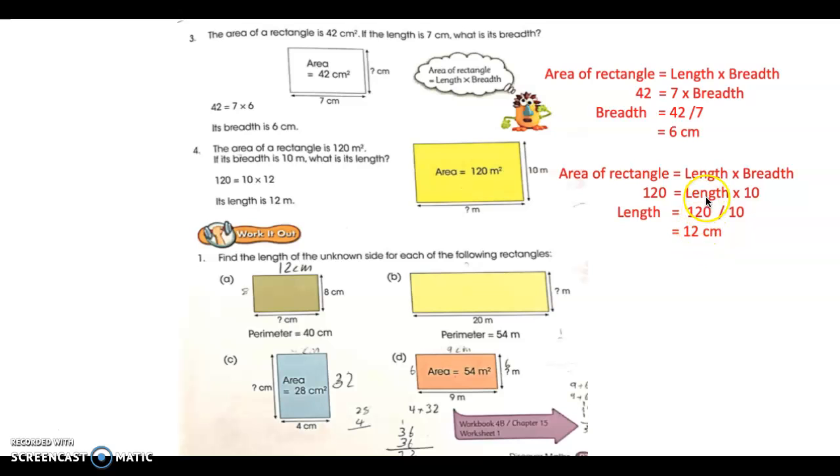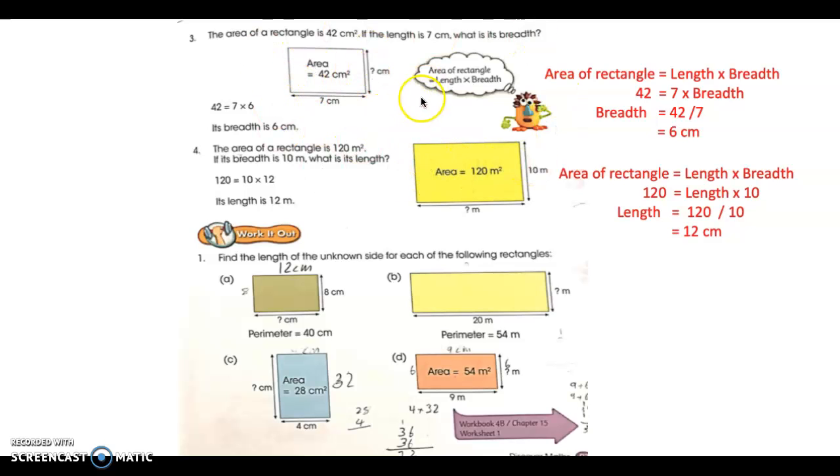Okay, length equal, so that means length equal 10 times how much? We get 120. The length will be that much, which is 12, because 10 times 12 is 120, right? So that's how you find out the unknown side, the side which is not given when either perimeter is given or area is given.